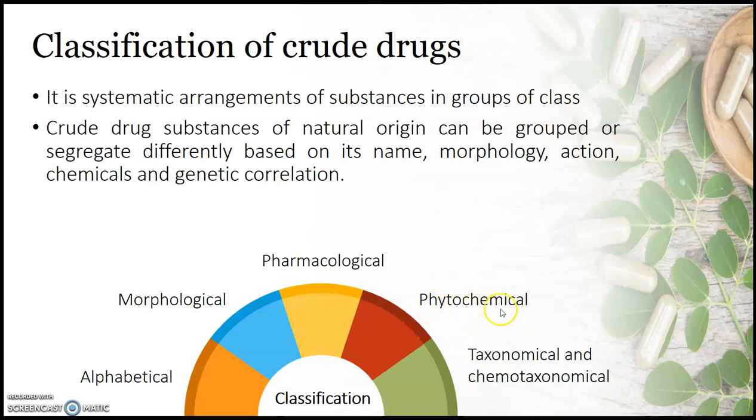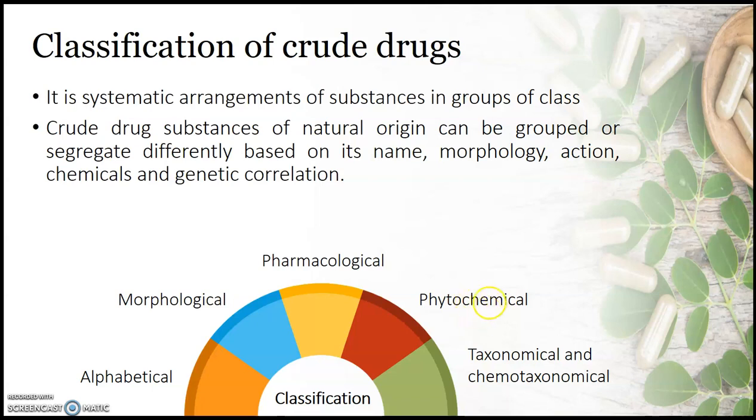Similarly, in phytochemical classification, phytochemicals are the chemicals present in the plant. Here the chemicals which predominate in the plants and are responsible for therapeutic purposes are used for classification. Just now I gave an example of aloe. Aloe contains glycoside, and this glycoside has a laxative effect.